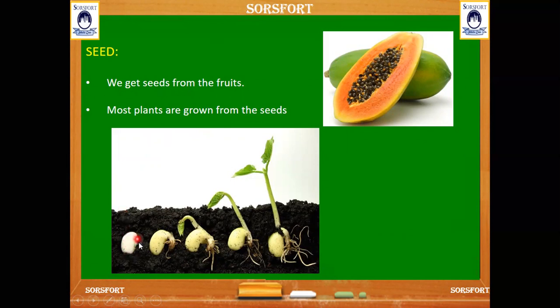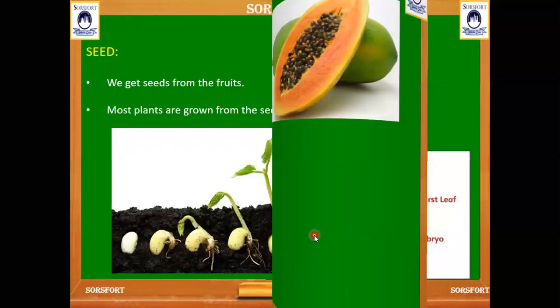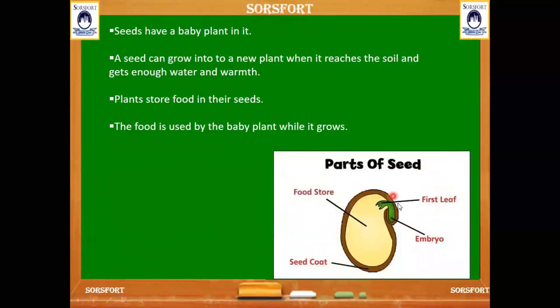If we sow a seed, a small baby plant grows from it, grows into a seedling and then to a plant. Here we can see a small baby plant inside it. When the seed is sown into the soil, and if it gets enough water and warmth, it grows into a baby plant.